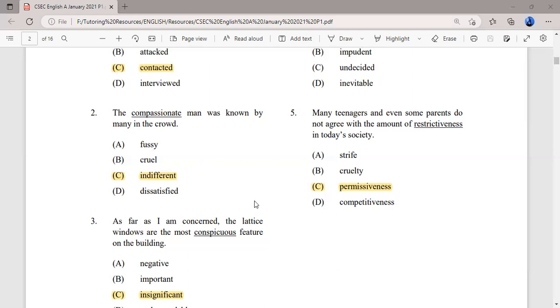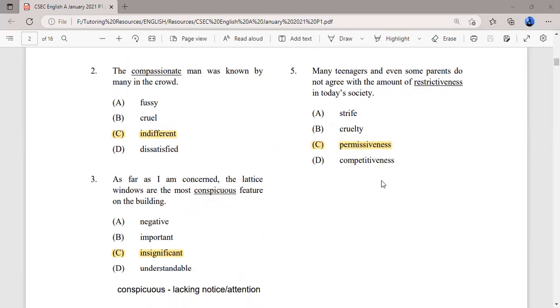So number 3, as far as I am concerned, the lattice windows are the most conspicuous feature on the building. Some of you might not know what conspicuous means. Conspicuous means attracting notice or attention. The options we have: A, negative; B, important; C, insignificant; D, understandable.